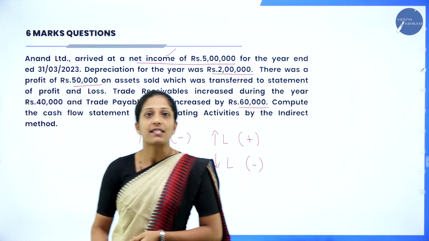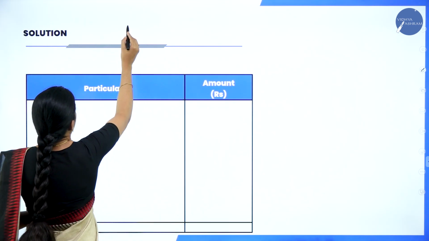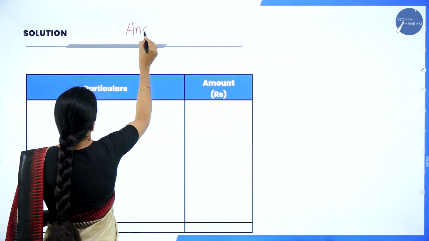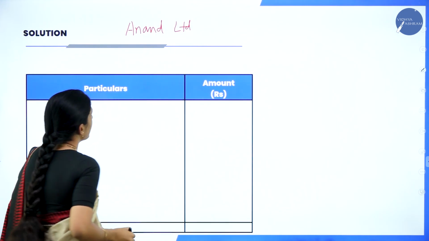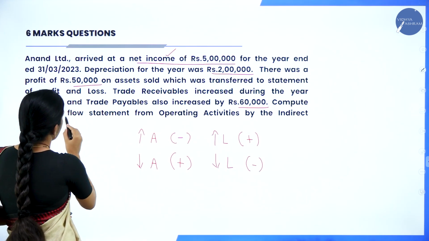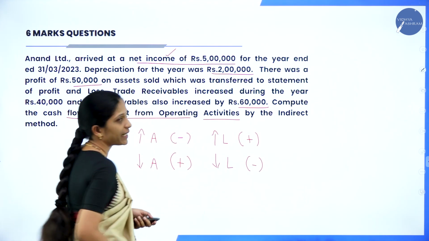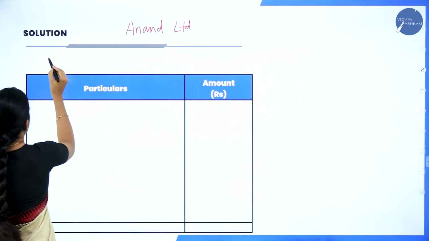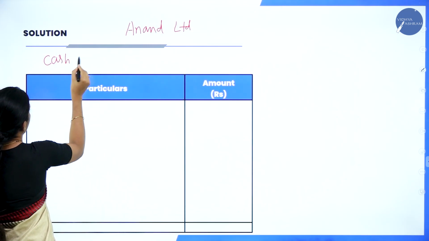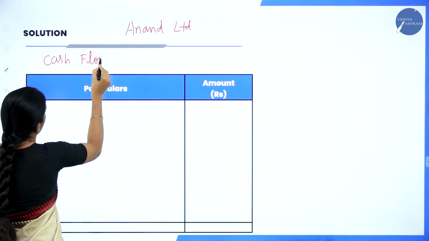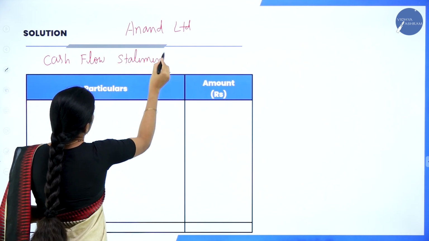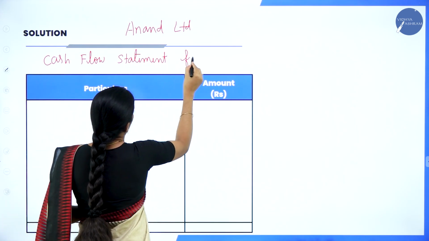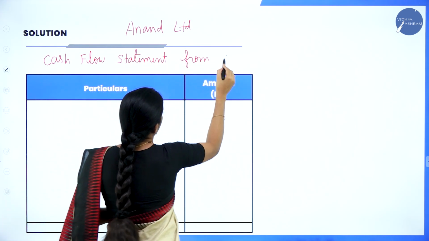What is the name of the person? Anand Limited. So we'll write the heading Anand Limited. Next, they have asked us to prepare a statement, so cash flow statement from operating activities. So we'll write the heading cash flow statement from operating activities.